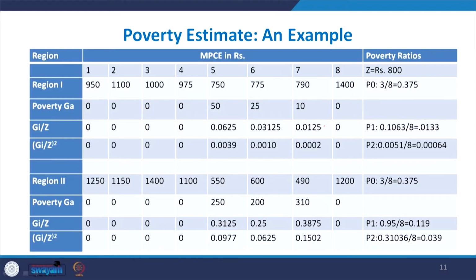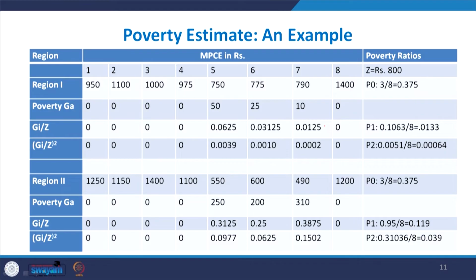We take 8 households in both regions, and in the second row we have the per capita consumption expenditure in rupees of each household. Like in region first, 950 is the monthly per capita consumption expenditure of the first household, 1100 of the second household, 1000 of the third household, etc.